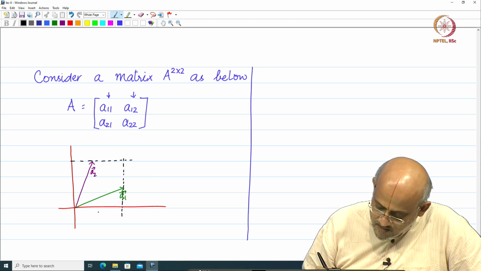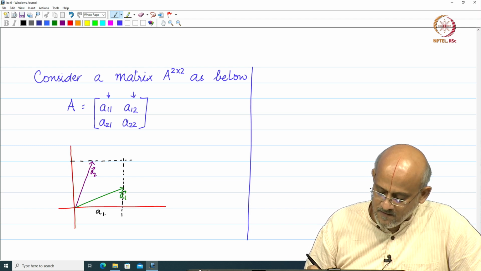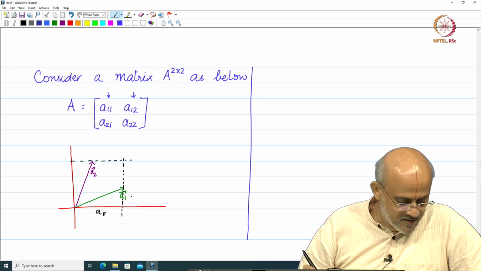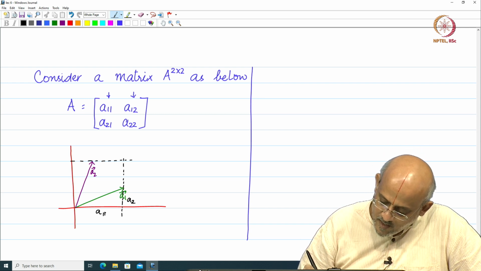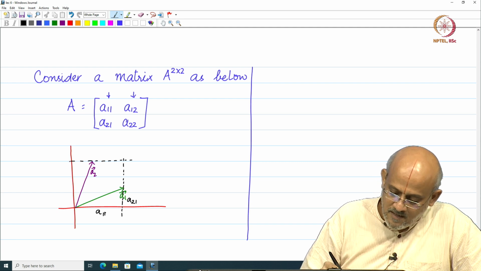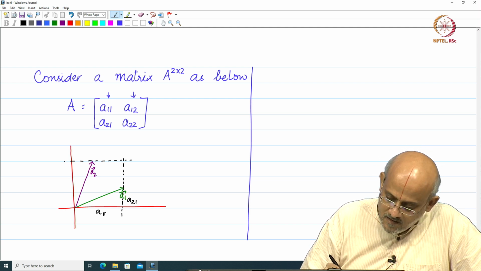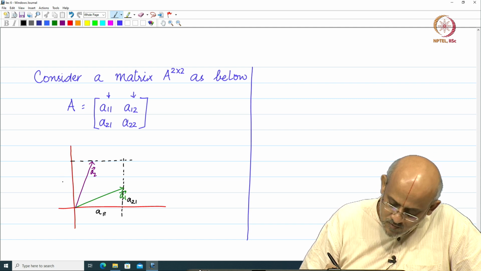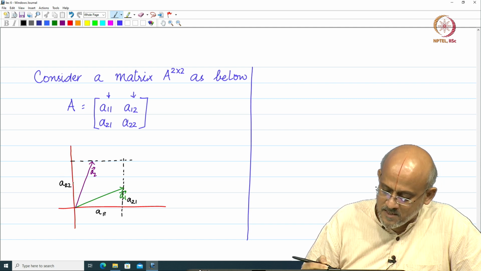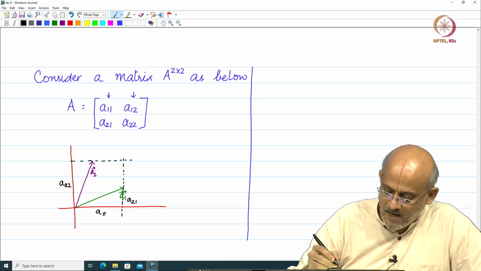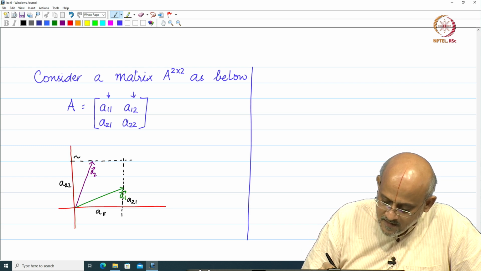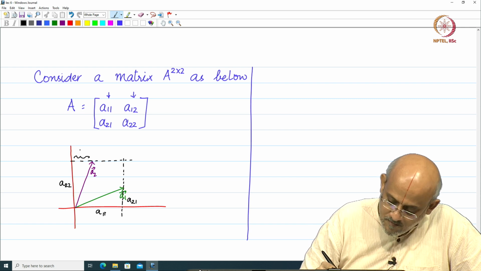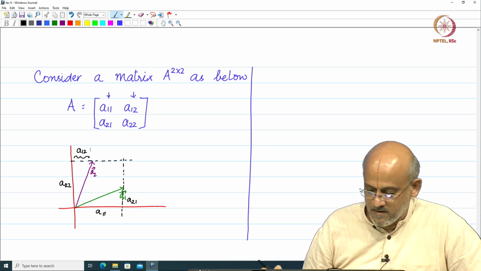So, this is basically my A11, and the second component is my A21. Then my second vector has a component A22, which is along the y axis or the E2 axis, and this is my A12, right. This is what it is.